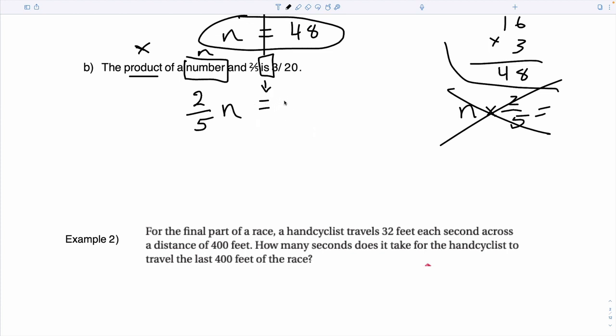It is supposed to equal what? Look on the other side of the is sign. What is that number or fraction? So we wrote the product of 2/5 and N is 3/20.